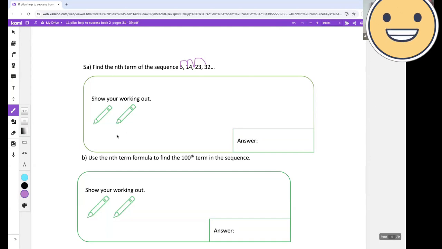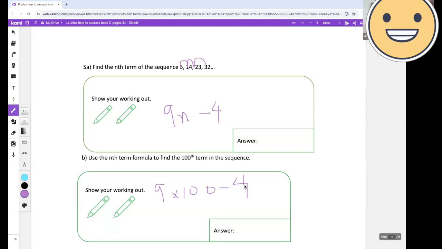Joshua, want to do A and B both? So for 5a, is it 9n minus 4? Yes, that's good. And try doing the next one. For b, is it 896? Yeah, good.